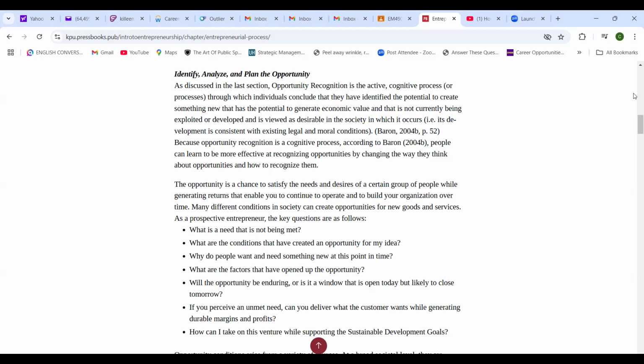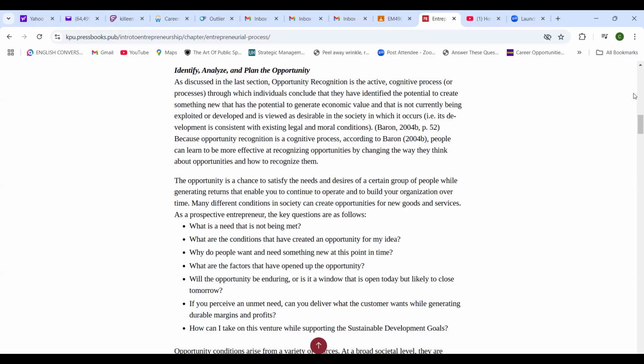The development is consistent with existing legal and moral conditions. Because opportunity recognition is a cognitive process, according to Baron, people can learn to be more effective at recognizing opportunities by changing the way they think about opportunities and how to recognize them.